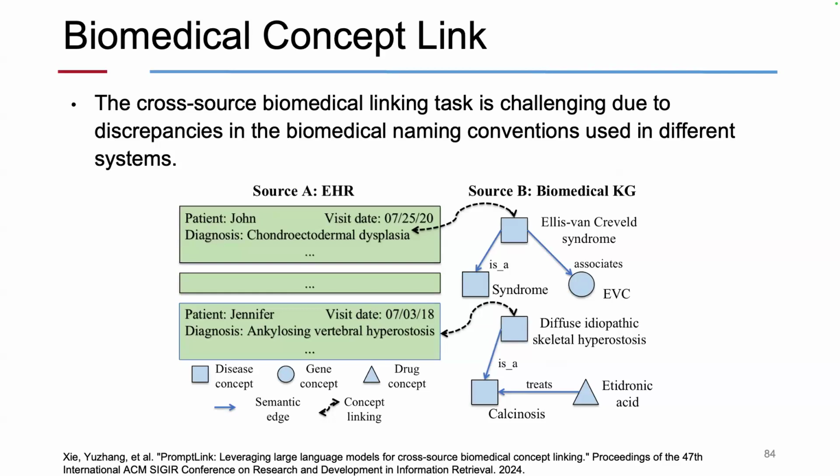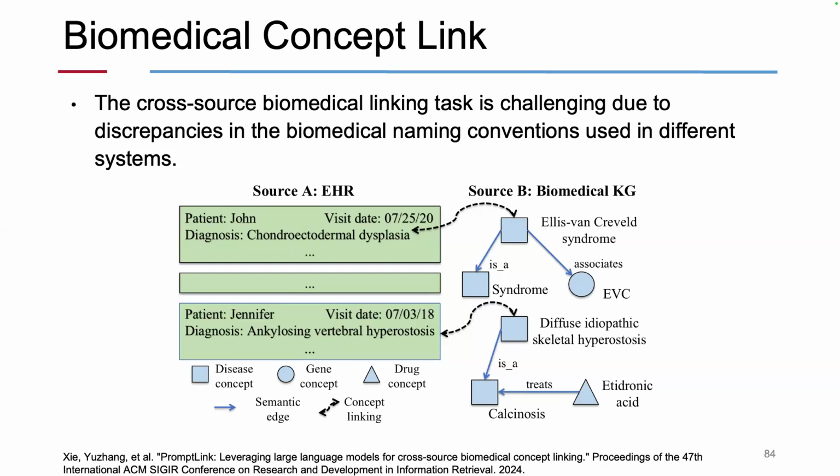Because if we want to reason about a patient's status and make predictions on the patient's future risks, and also make use of a KG in the reasoning process, we will first need to align the entities from the EHR to the KG, right? These are just examples. I can't even pronounce this disease name, but it's something very similar to that different name, so there's no way for us to understand this, right?